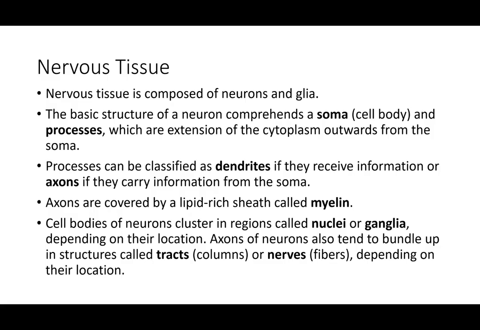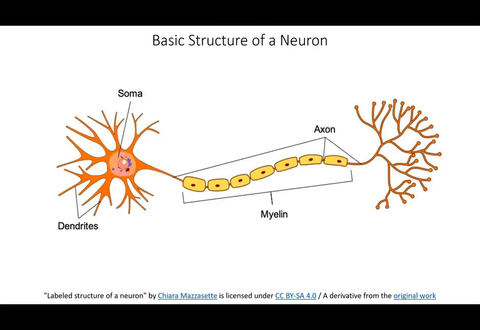So these are columns, or nerves, which are fibers. So the word nerve, like the nerves that we learned last week in lab, is not a single neuron cell. That is a bundle of the axons of multiple neuron cells. And again, what they're called is going to depend on their location within the body.